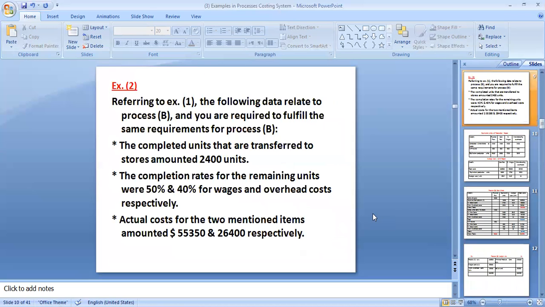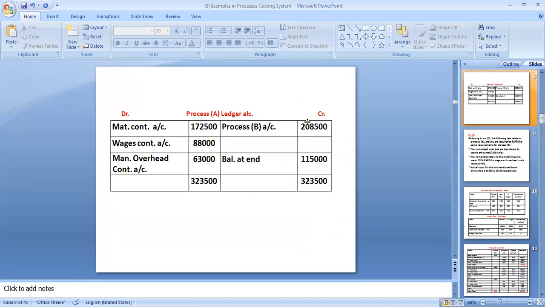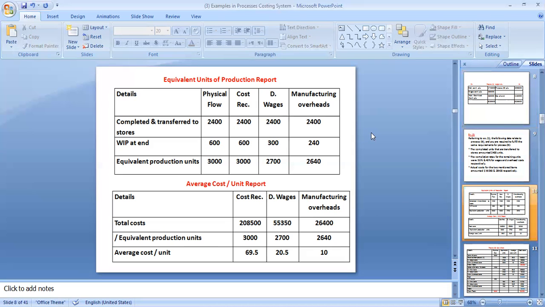These two items of cost he gave me in the example, in the previous slide. This is wages and overhead. He didn't give you material because material you have as transferred from process A, 208,500. These items of cost divided by the equivalent units of production report give the cost per unit.